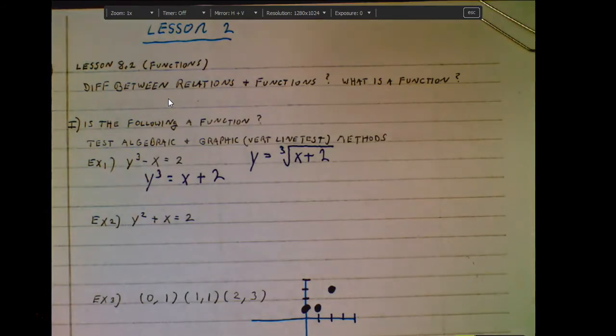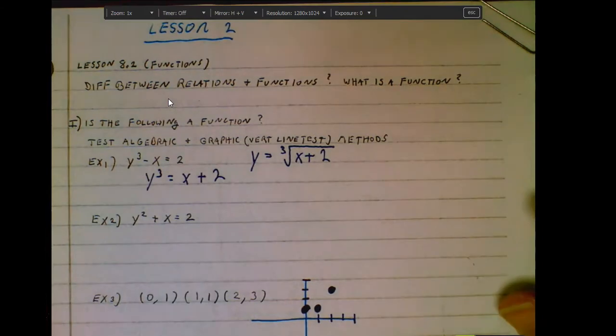When you're determining whether or not something's a function, think of it in real life terms. If you were talking about a machine, let's say you have a machine that produces Pepsi. If you put certain ingredients into that machine, it should only produce one item. It should only produce one result every single time. If I put the ingredients into my machine for Pepsi, I expect to get Pepsi as my result.